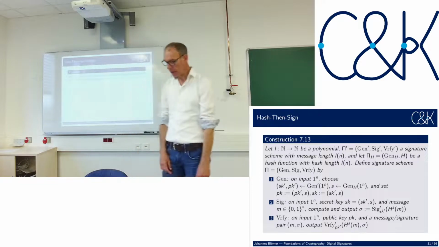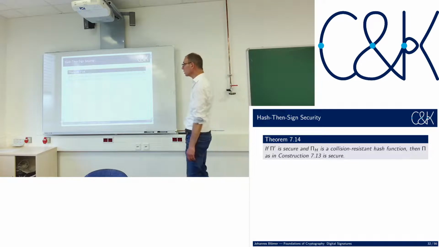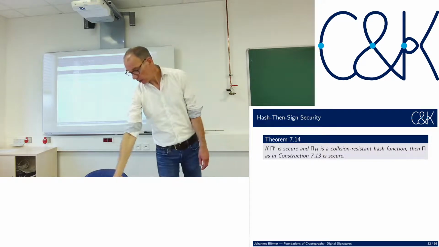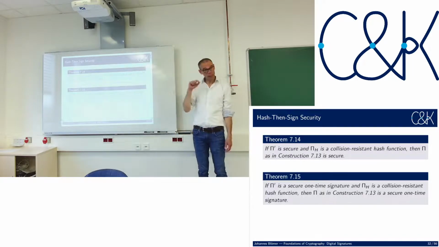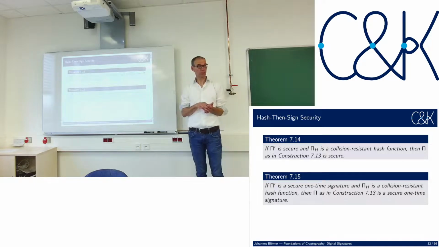And then we have the following two theorems. The first one says: if pi prime is secure and pi h is a collision resistant hash function, then this hash then sign construction is secure. And we can also prove that if pi prime is only a secure one-time signature and pi h is a collision resistant hash function, then the resulting construction is a secure one-time signature.